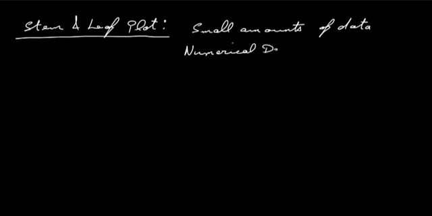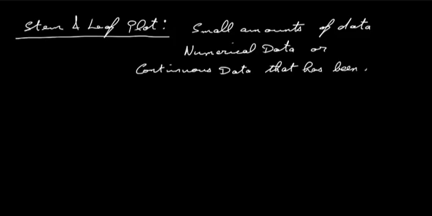Stem and leaf plots are used for small amounts of data, and it's normally used for numerical data, or you can use it for continuous data that has been rounded. So if it's been rounded to the nearest whole number, you can use continuous data.